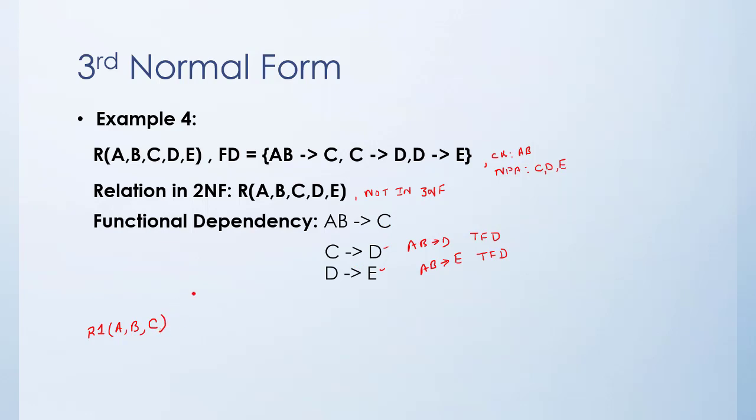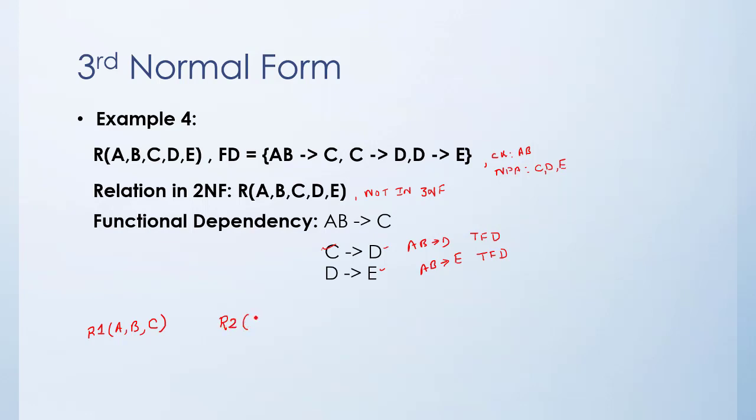Now after that, consider the functional dependency for which the 3NF is violated. So consider that one and create a relation with those attributes present in that functional dependency.